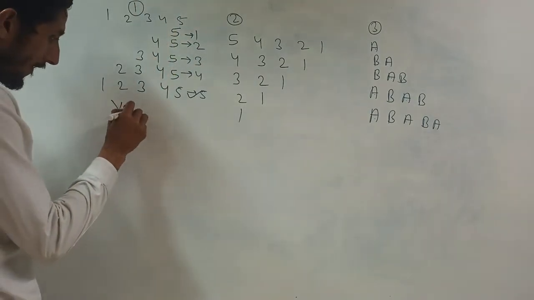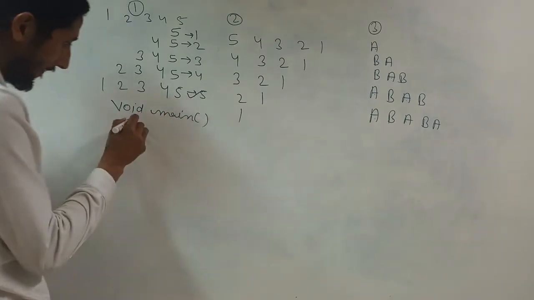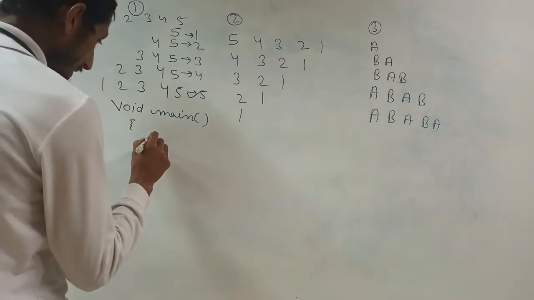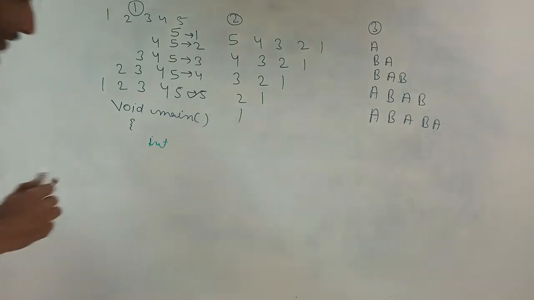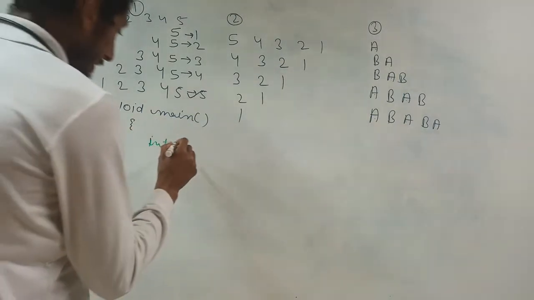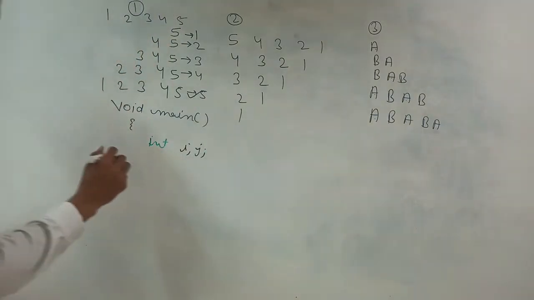Void main. Let me take two variables, i comma j. So how many rows do I have?